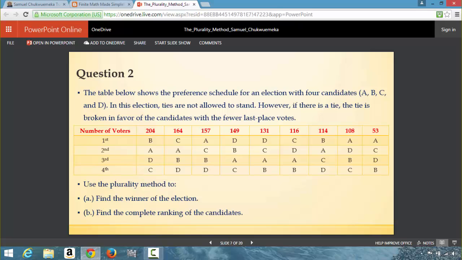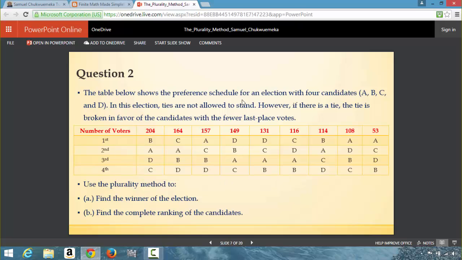However, if there is a tie, the tie is broken in favor of the candidate with the fewer last place votes. So this is the conventional preference schedule for the election. Use the plurality method to A. Find the winner of the election. B. Find a complete ranking of the candidates.